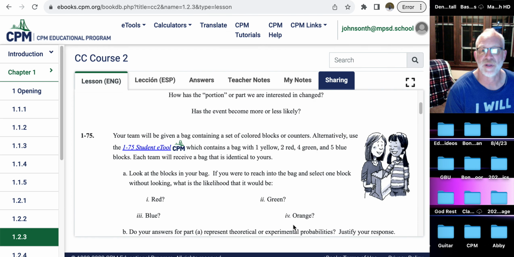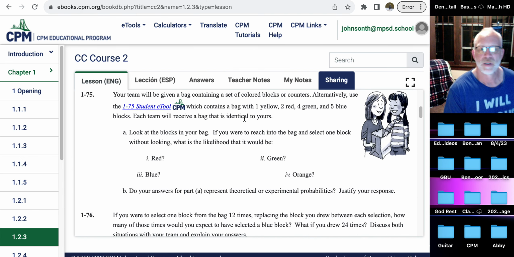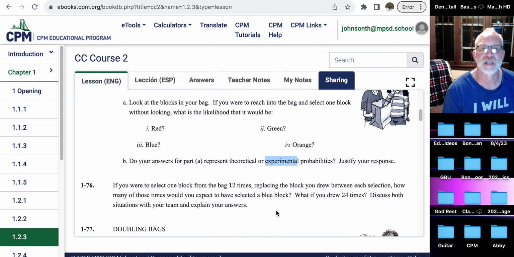What is the probability that it will be orange? I don't see any orange. Do the answers for the parts here represent theoretical thinking or experimental doing probabilities? Justify your response. If you were to select one block from the bag 12 times, replacing the block that you drew each time.